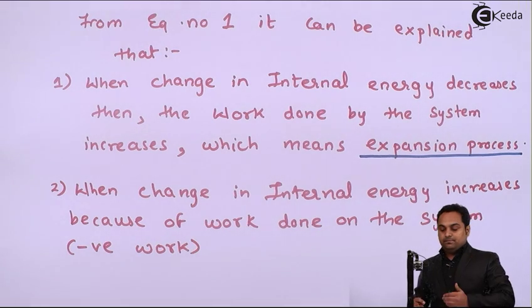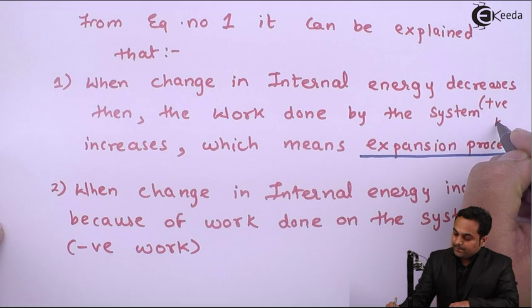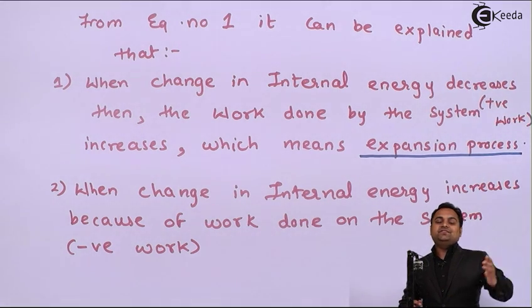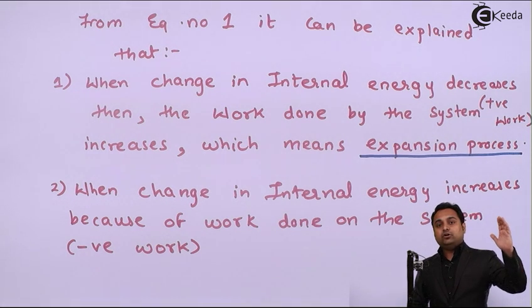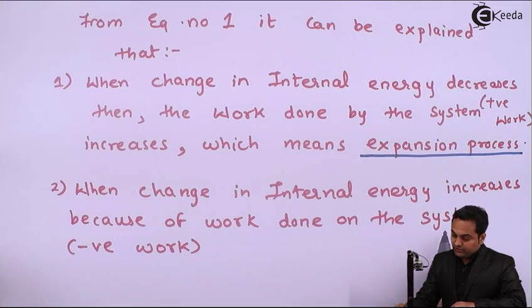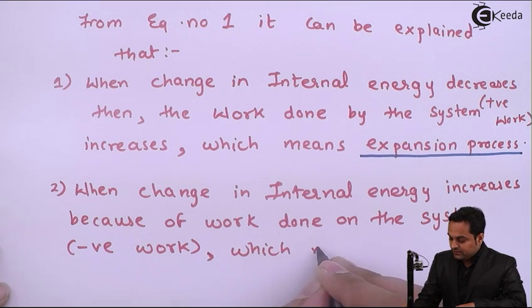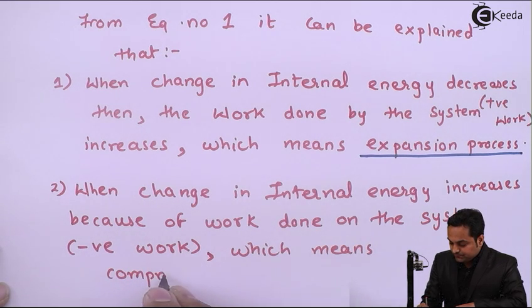If the work is done by the system, that is positive work. So positive work is achieved when the change in internal energy decreases. Negative work when we are doing work on the system, then the internal energy increases. So because of work done on the system, which means compression process.